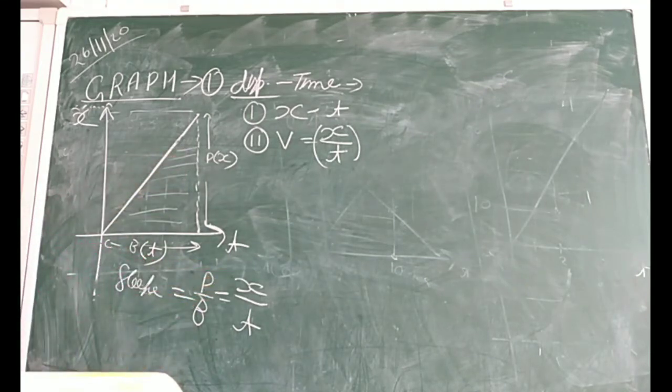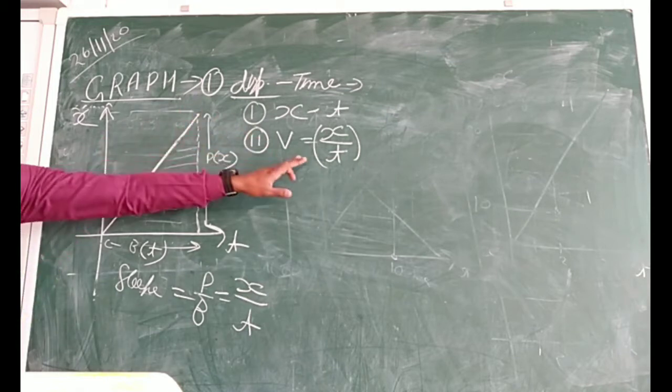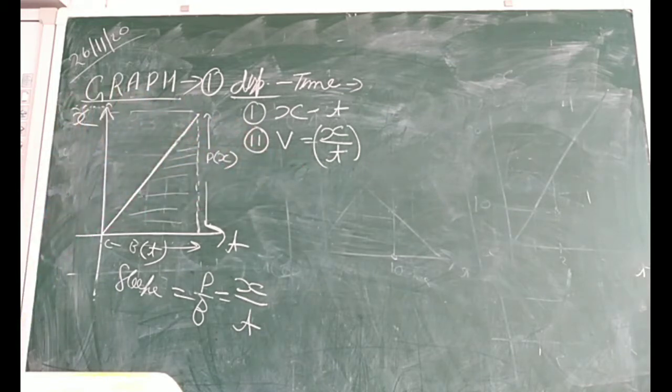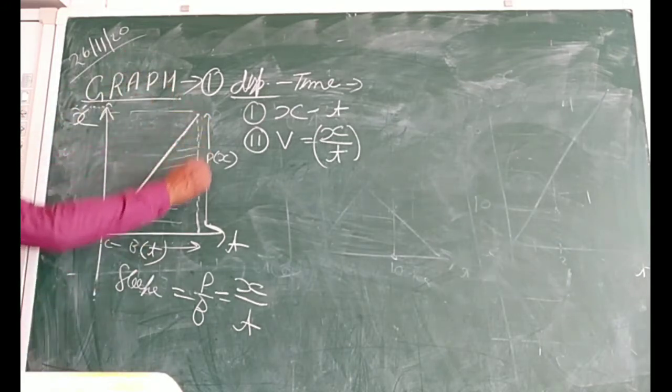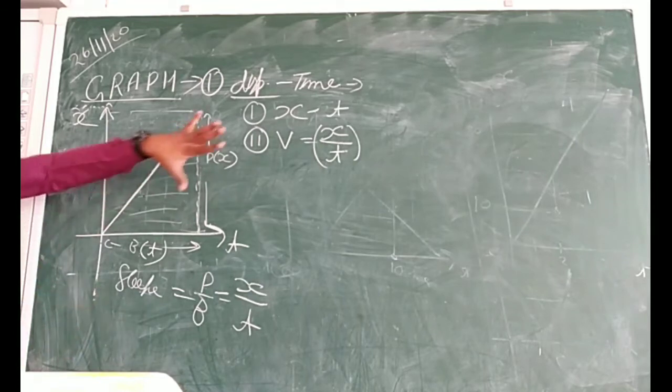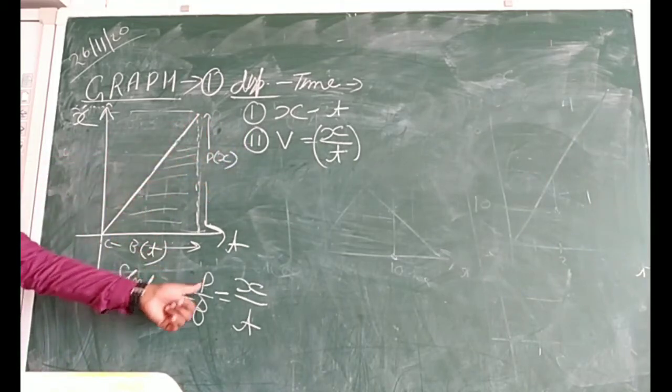We can say the velocity is equal to slope of the graph, and slope is equal to perpendicular upon base. Whenever you want to find the slope of any line, draw the perpendicular and base, and the perpendicular upon base is called slope of the graph.